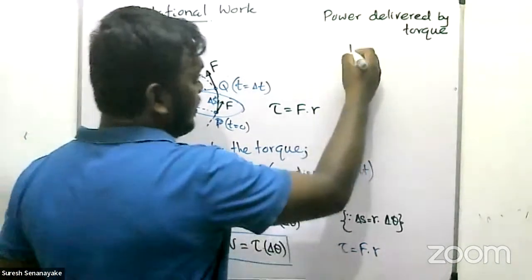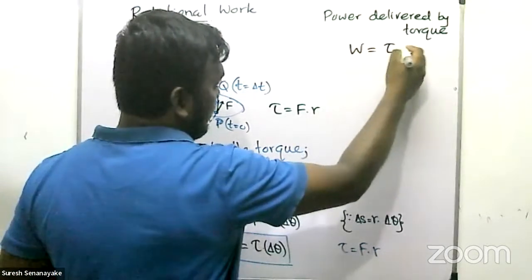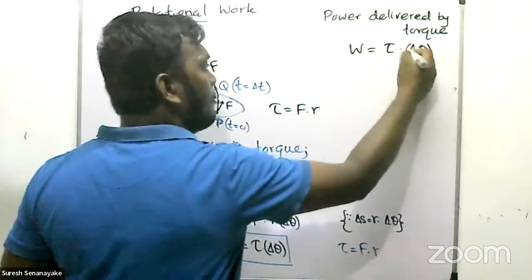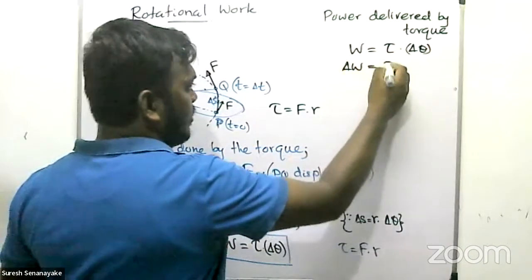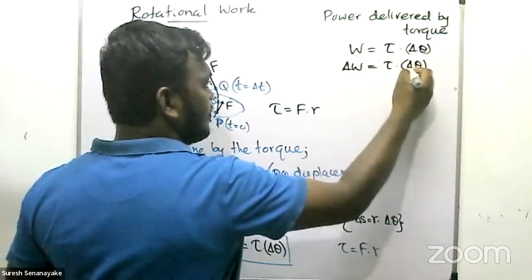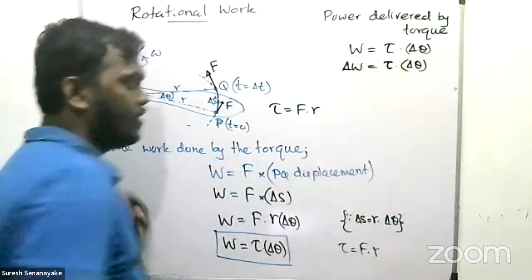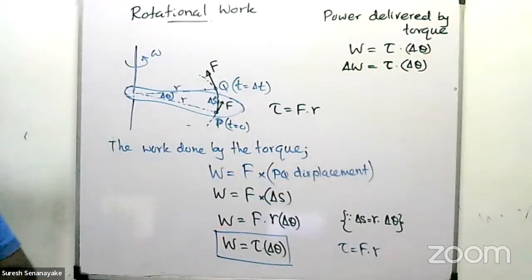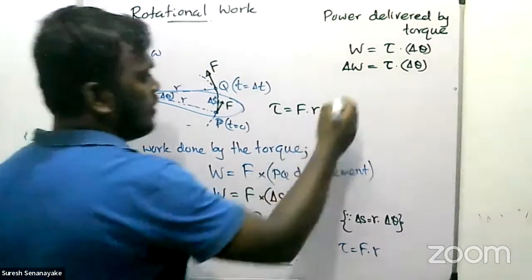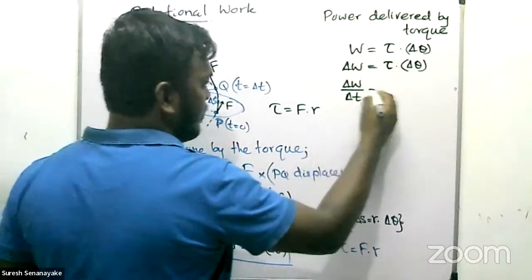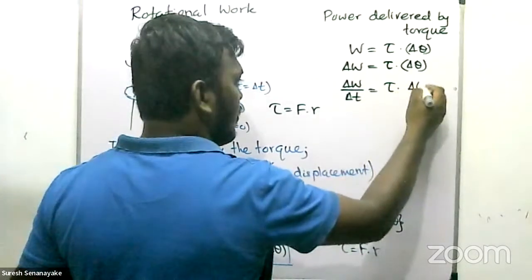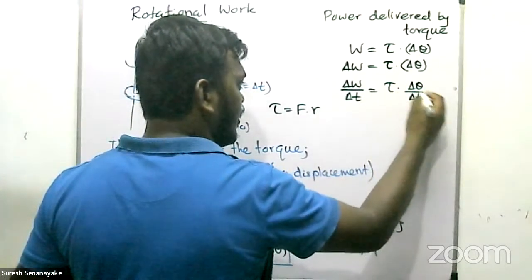As we know, the work done equals tau delta theta. That is the change in work done connected to delta theta. The rate of change of the work done is the power, so you divide by the time. The rate of work done is tau times delta theta over delta t.